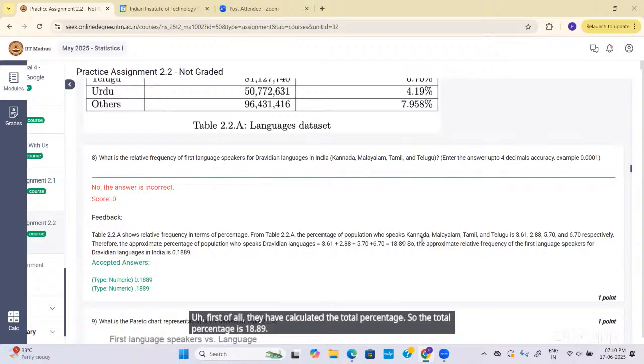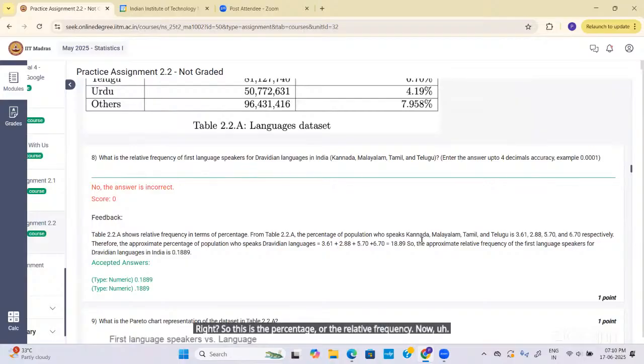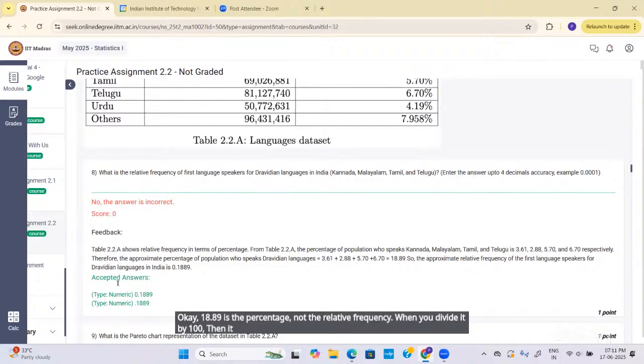This is the percentage, not the relative frequency. Now you have to divide 18.89 by 100. So 0.1889 will be your relative frequency. 18.89 is the percentage, not the relative frequency. When you divide it by 100, it becomes your relative frequency.